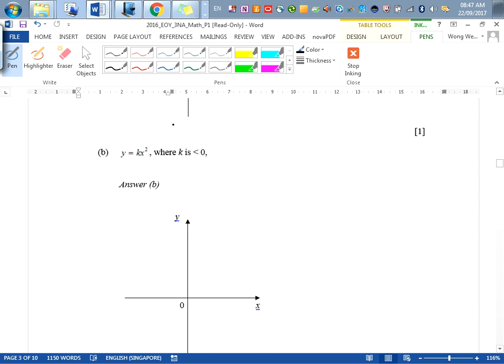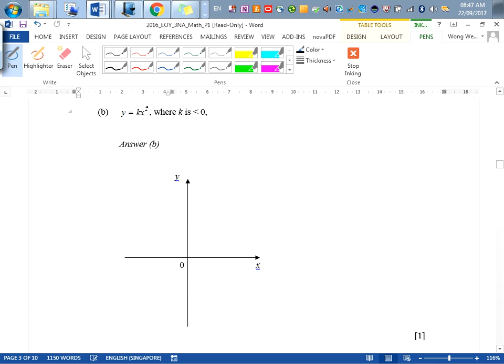Y equals kx squared, where k is smaller than 0. Okay. Now, x squared. What kind of graph do we get? Fina, what kind of graph do I get? What is the shape? Parabola, yes. So a parabola either looks like this or it looks like this. How do I decide?